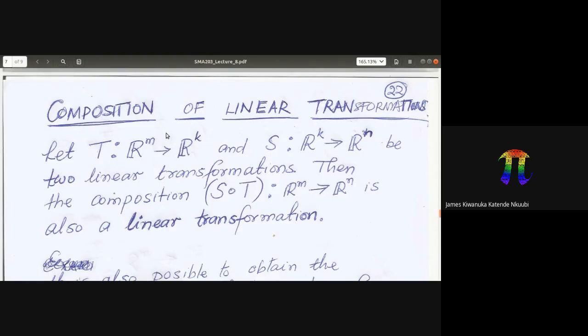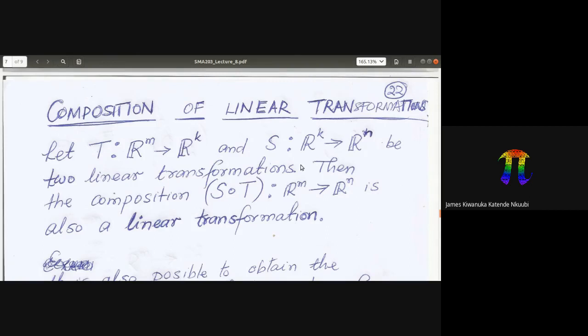So let's look at an example. Suppose we have a map T from Rm to Rk and S from Rk to Rn. Then we can get this composition, S of T. S of T simply means T acts first, then followed by S. So if T acts, T will pick a vector in Rm and send it to Rk.